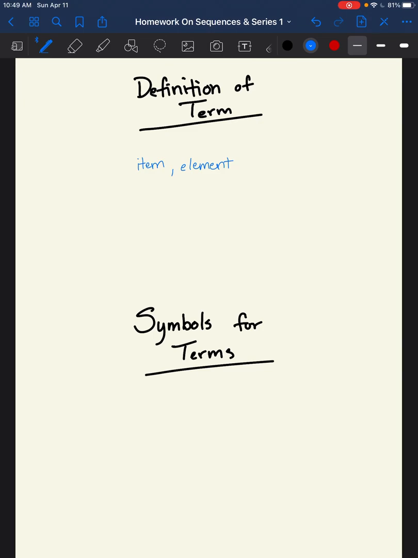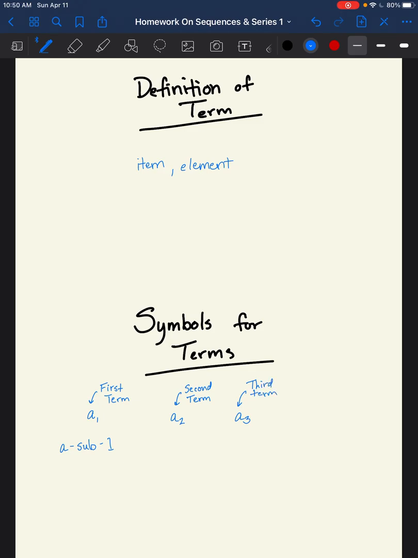So some of the symbols we have for terms are A sub 1. Now, if I pronounce this correctly, it's A sub and then the number 1. What that represents is the first term. It's the very first element in the sequence. Then I'll write A sub 2, which will be the second term. And then we'll do A sub 3, which I'm hoping you guys are getting, is the third term.